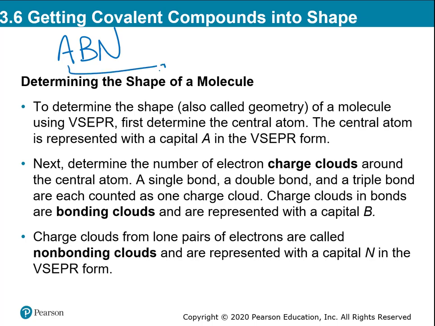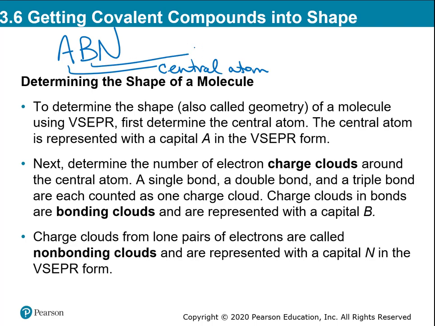A is always the central atom. Remember when you draw a covalent molecule, the central atom is the one you put down first, the one that always needed the most bonds. And if you look at the model we're sending around, it's the one that looks like it's in the center.